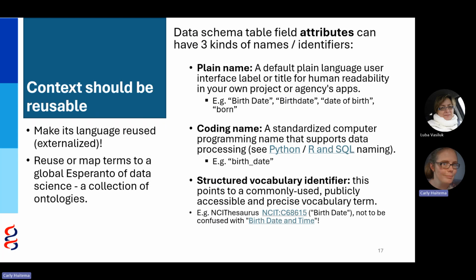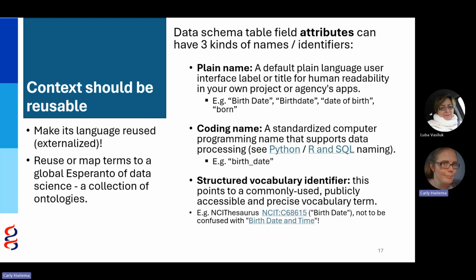in a project used in project or database applications, spreadsheet column names. So there you're seeing a variation between projects around the world. Birth date, in one word, date of birth, born. We're expecting that to be variable, but we want to anchor what's being measured with another name. So we're recommending a coding name to be accompanying each of these UI-oriented, human-oriented names.